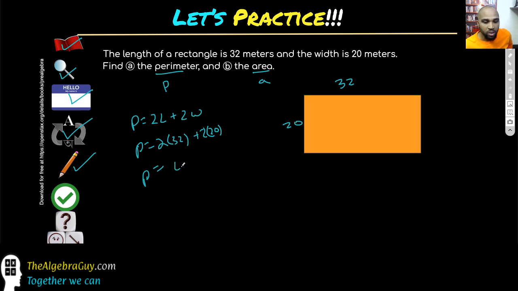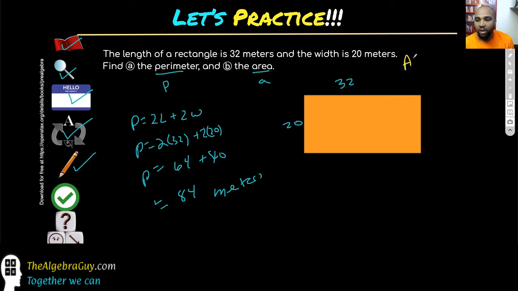Doubling 32 is 64. Doubling 20 is 40. Adding those up will give me 84. 84 what? Let's remember, we're talking about perimeter in meters. So 84 meters. All right, so what about this area? Well, area is going to be length times width.